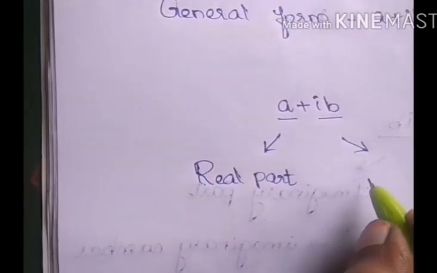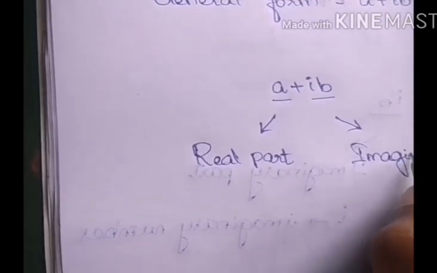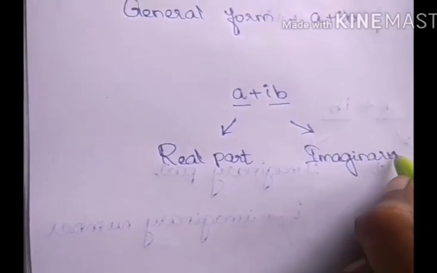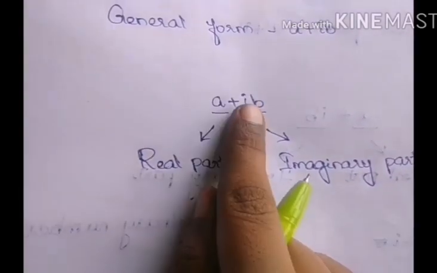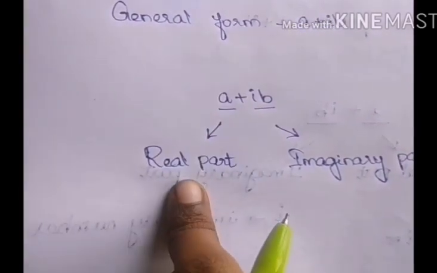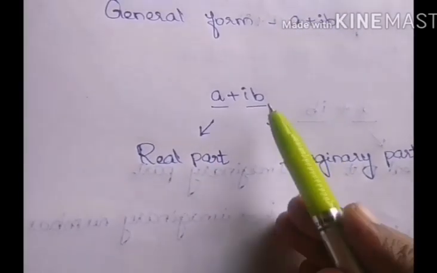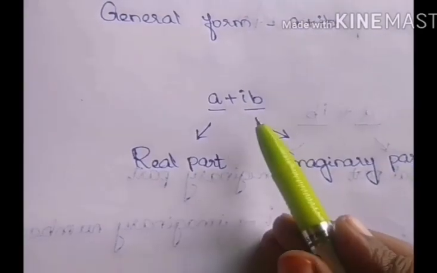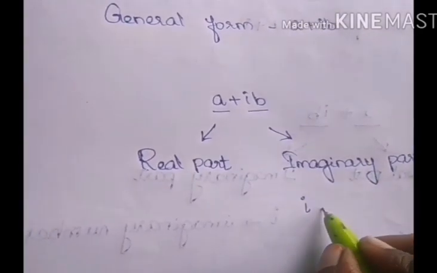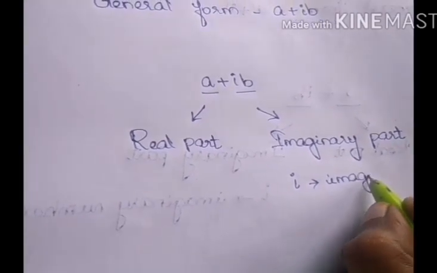Second part is called imaginary part. a is called a real part because it will be a real number, and ib is called imaginary part because it has imaginary number i. i is called the imaginary number.